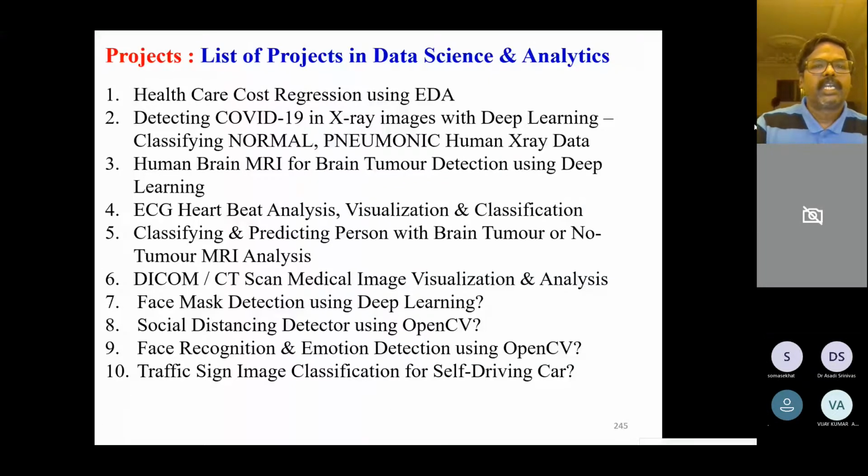And these are the various projects in artificial intelligence: healthcare cost regression using exploratory data analytics, detecting COVID-19 virus application, human brain MRI application, ECG heartbeat analysis, and classifying and predicting a person with brain tumor, and CT scan medical image visualization and analysis, face mask detection using deep learning, social distancing detector using OpenCV, face recognition and emotion detection using OpenCV, traffic sign image classification for self-driving cars.